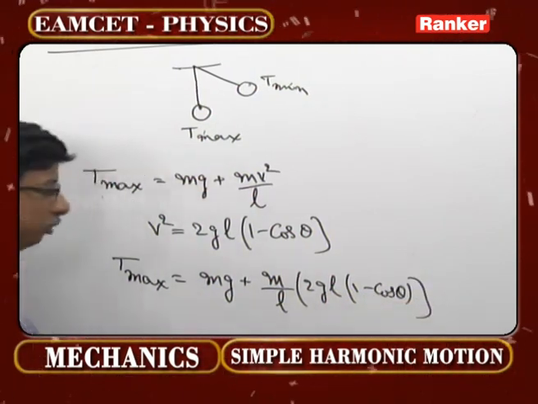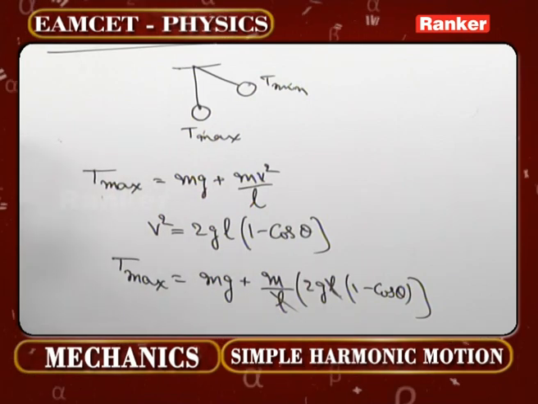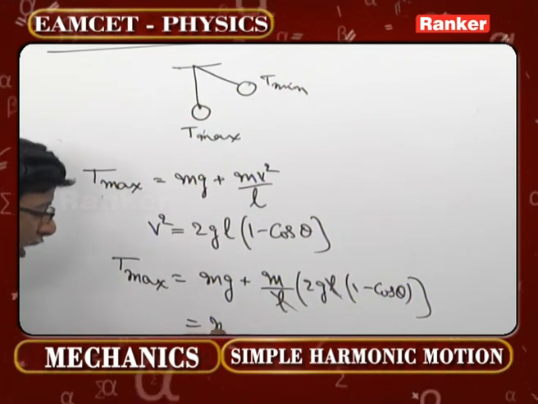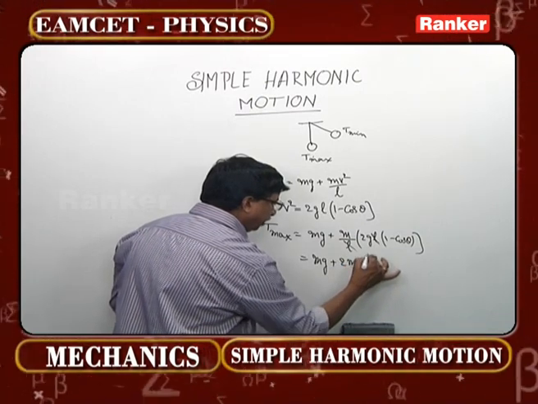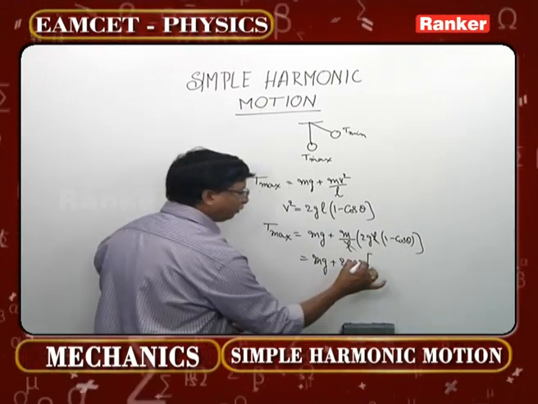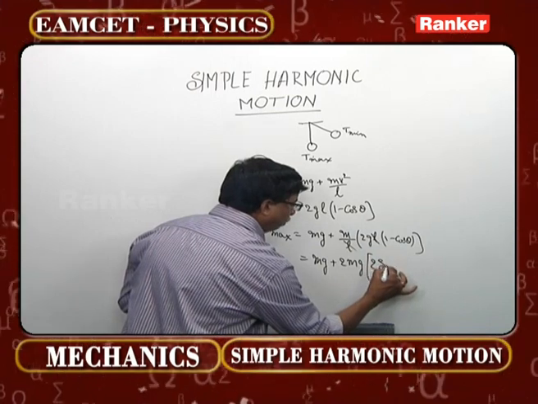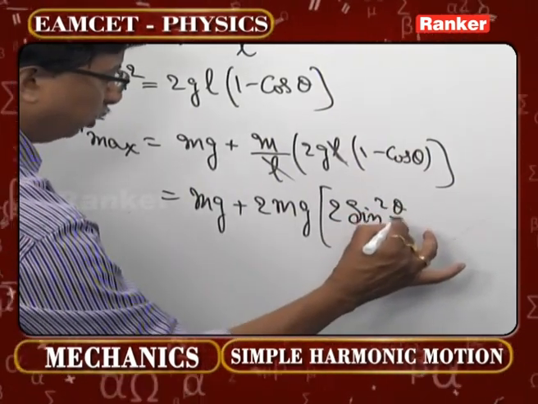That is the formula officially. L gets cancelled. Fine. Now you can write mg plus 2mg here into (1 minus cos theta), you write 2 sin square theta by 2.